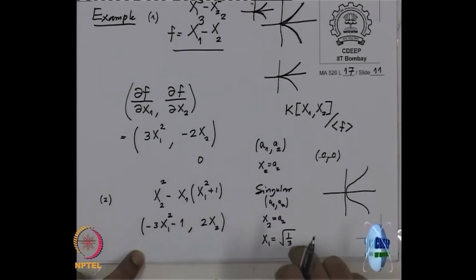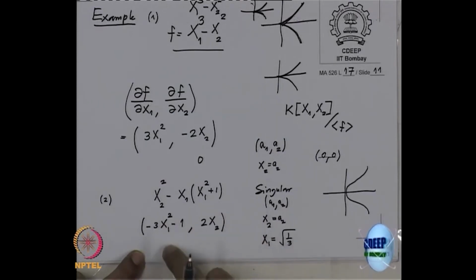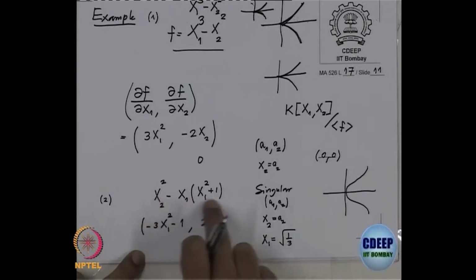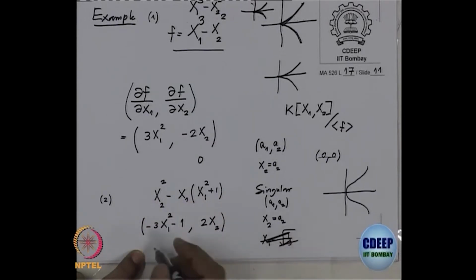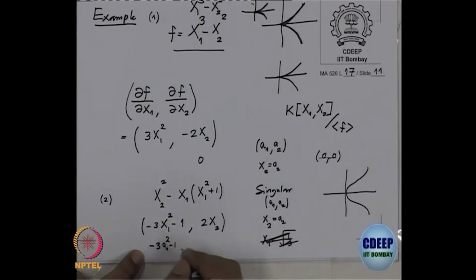So that means x1 is the square root of 1 by 3, but then it does not pass through that curve. So I need 3 a1 square minus 1 to be 0, right? This means a1 square equal to 1 by 3, right, isn't it?